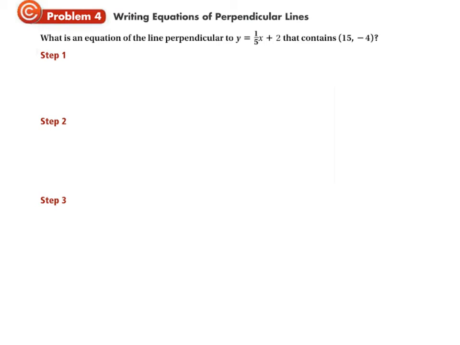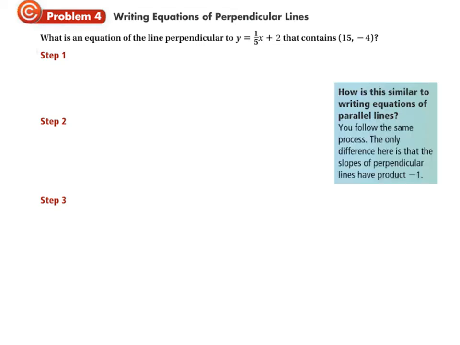What is an equation of the line perpendicular to y equals 1/5 x plus 2 and contains this particular point, 15 comma -4? How can we do this? Well, you may recall this is similar to doing parallel lines, where we said we can identify the slope from this line, and we use that same slope.